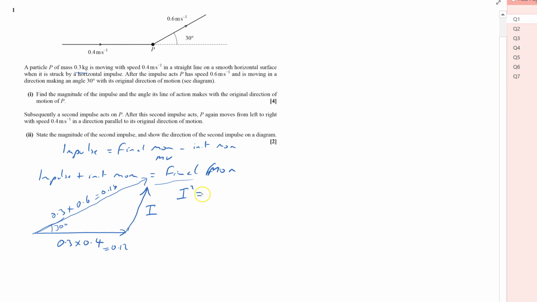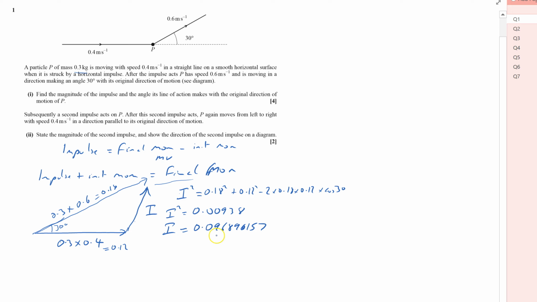So that will be 0.18 squared plus 0.12 squared minus 2 times 0.18 times 0.12 times cos 30, and that gives me I squared equals 0.00938 whatever, and that means that I equals 0.096890157. Don't need quite that accuracy.